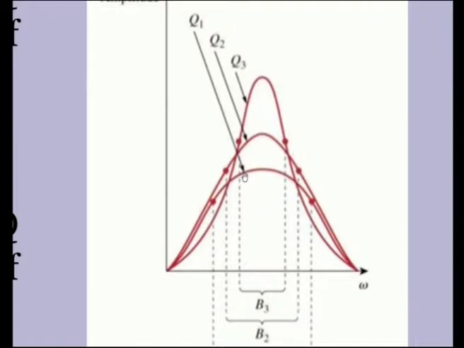So, lower the Q value, larger the bandwidth, and higher the Q value, the bandwidth becomes narrower and narrower. So, Q factor has got a link with the bandwidth also, not only with the damping which we have seen. So, Q factor is a very important factor.